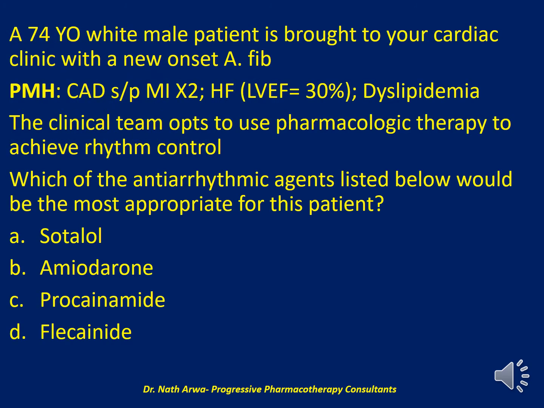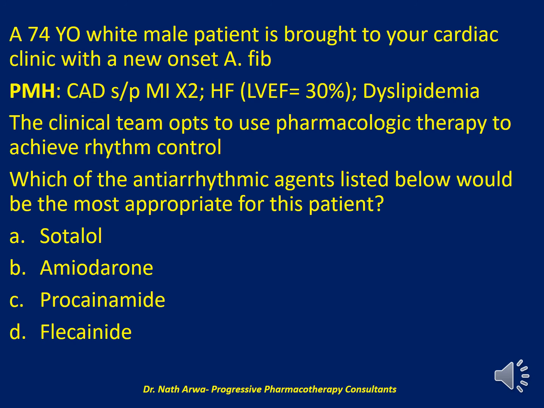A 77-year-old white male patient is brought to your cardiac clinic with a new onset of atrial fibrillation. He has a past medical history of coronary artery disease, status post-MI, which he has had twice. He has heart failure with a left ventricular ejection fraction of 30%, and he's dyslipidemic.